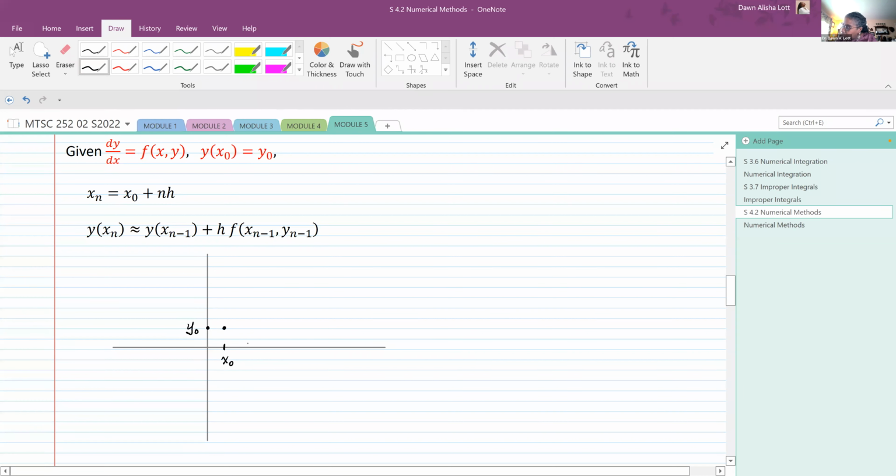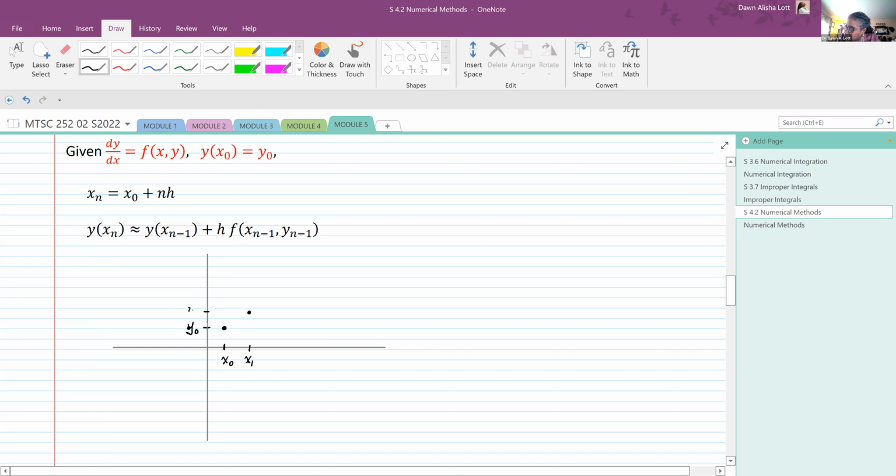Then we're going to move a distance of h away to the next point x1. I want that to be a tick mark. So then we're going to find y at x1.